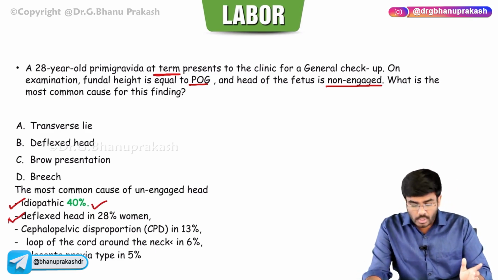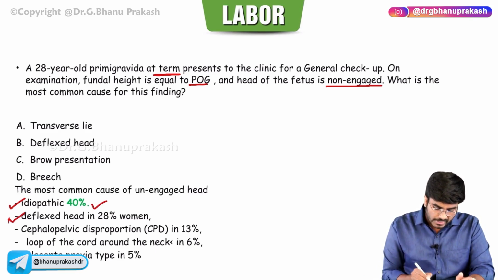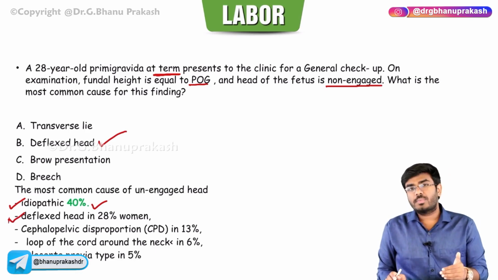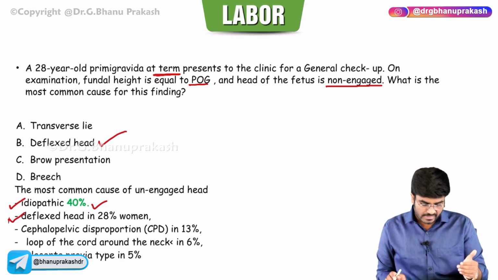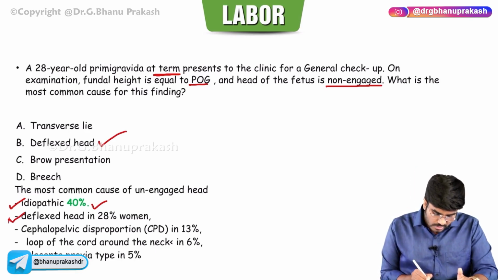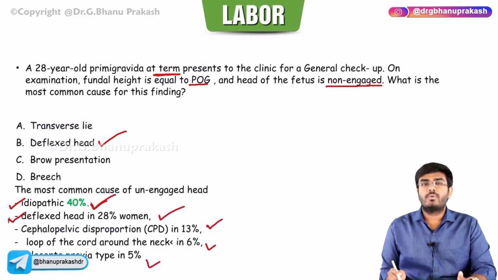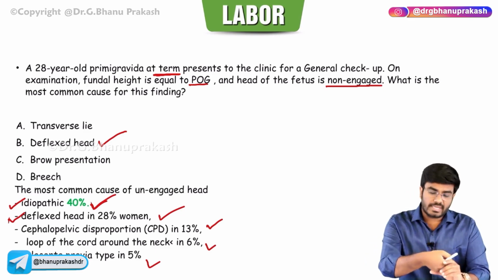But in our options, there is no such thing as idiopathic, so the better option would be deflexed head. The most common cause of a non-engaged head is idiopathic, followed by deflexion of the fetal head, cephalopelvic disproportion, cord around the neck, and placenta previa. All of them can account for non-engagement.